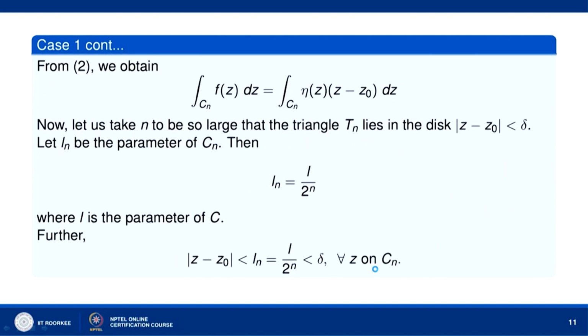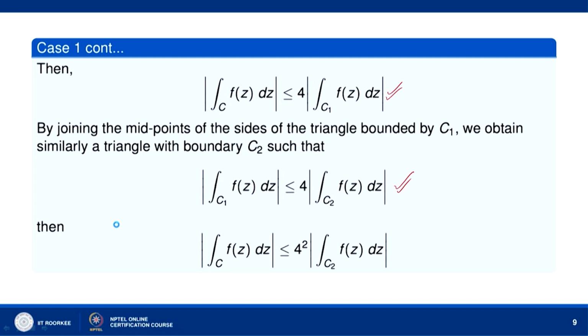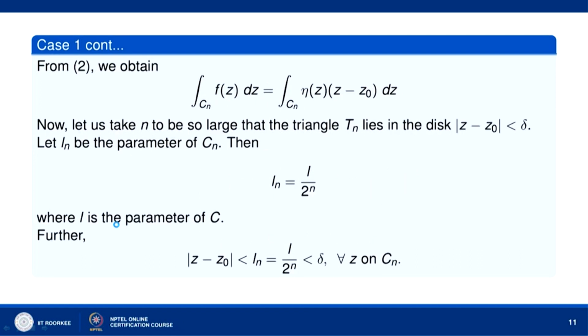Now, from equation 2, let us see how we get this equation. Let us integrate equation 2 along the curve Cn, where Cn is the boundary of the triangle Tn. We have the equation f(z) = f(z0) + (z - z0) f'(z0) + eta(z)(z - z0).